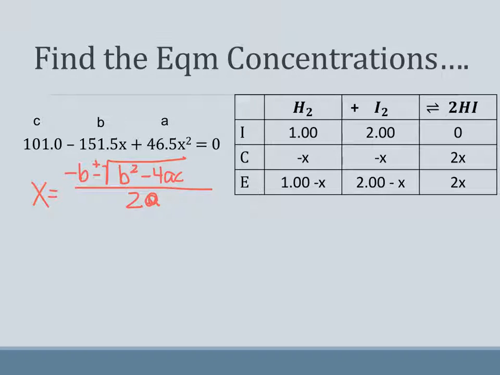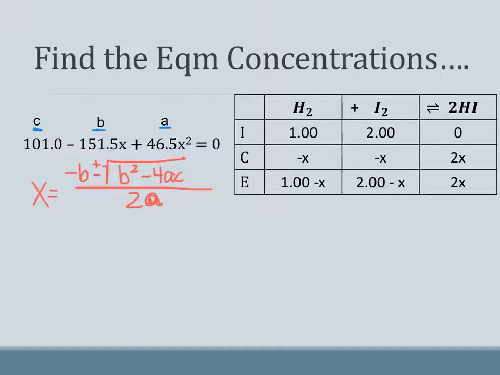And if you look at the equation that we have, 0 equals 46.5 x squared, a negative 151.5x, and a 101.0, and those values match with our A, B, and C. So we're going to plug that in and do the math.